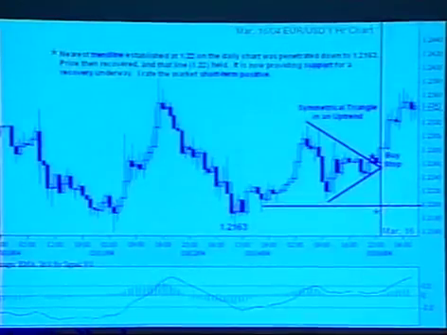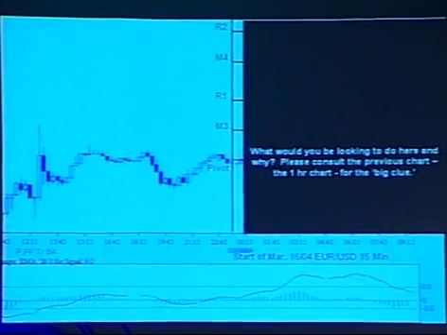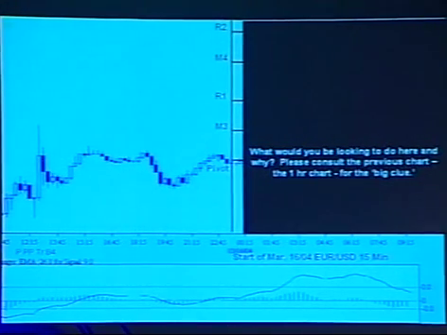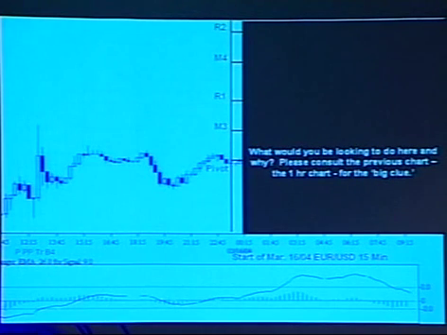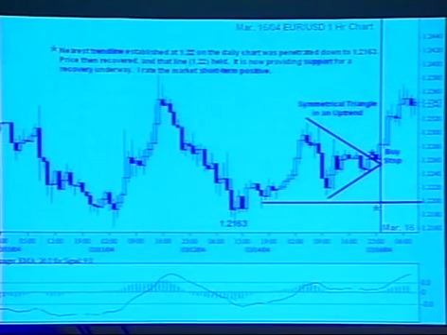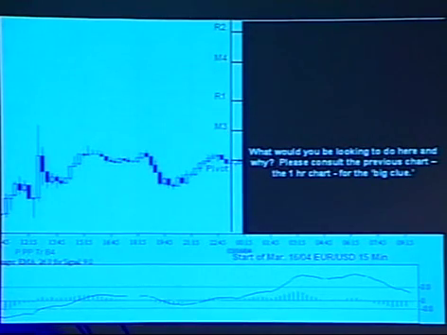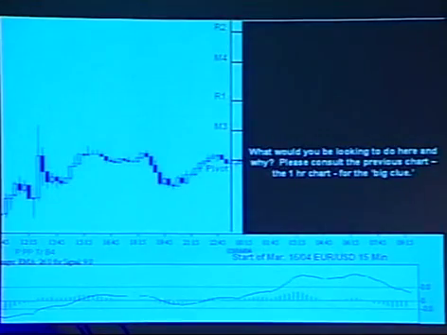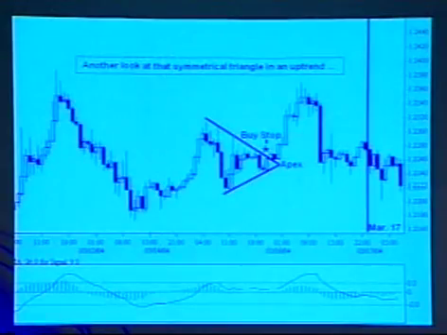And we've seen this slide before, and this one. This is the one we talked about this morning where we had this symmetrical triangle in an uptrend and price headed north on the 1 hour chart and also on the 15-minute chart.